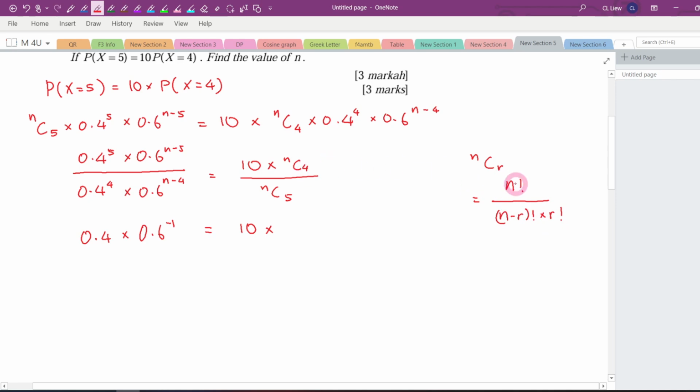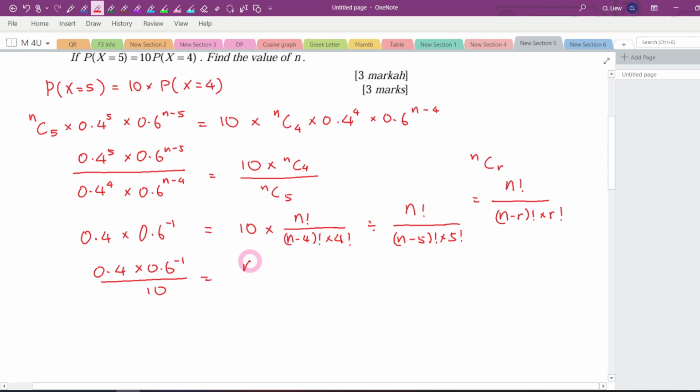So now I'm going to use this to help me continue. nC4 is equal to n factorial over n minus 4 factorial times 4 factorial, divided by nC5, n factorial over n minus 5 factorial times 5 factorial. Okay, so next I'm going to move this over here. It becomes 0.4 times 0.6 raised to the power of negative 1 divided by 10.